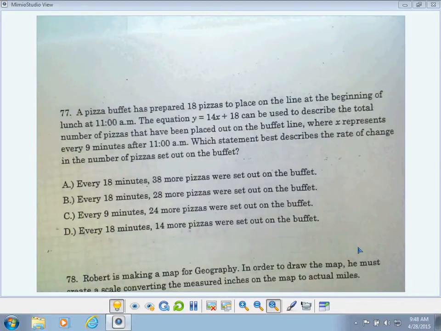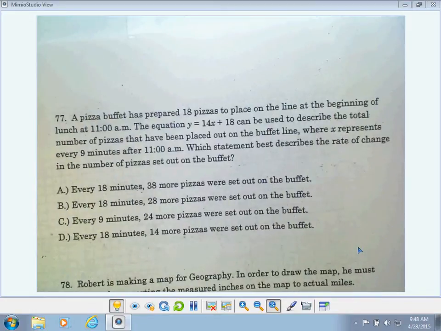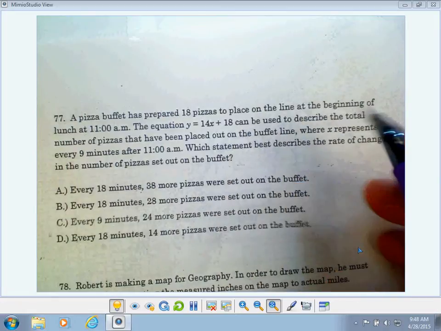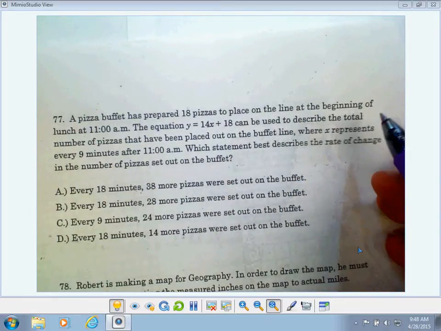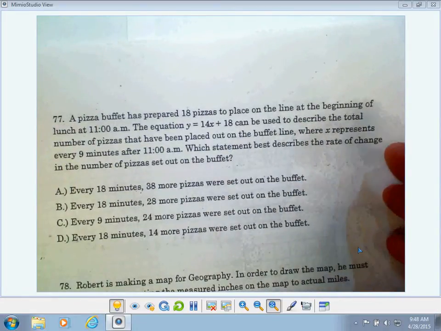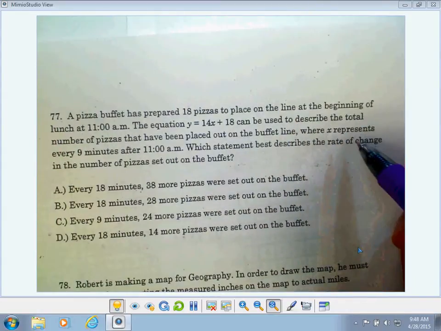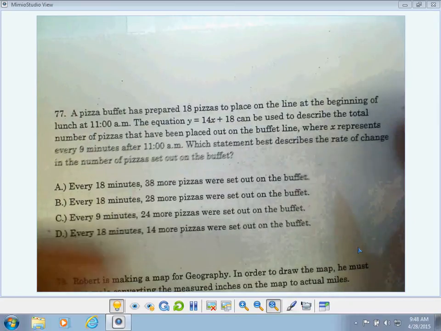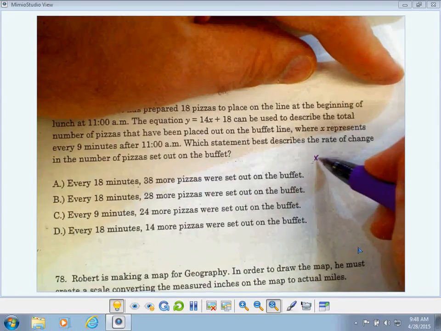Okay, so let's see what happens. Alright, so we're saying that if we use this equation, that's going to give us the total number of pizzas that are out on the buffet line. Okay, and then it says where x represents 9 minutes after 11 a.m. So let's just do a few examples there. What if x equals 1?